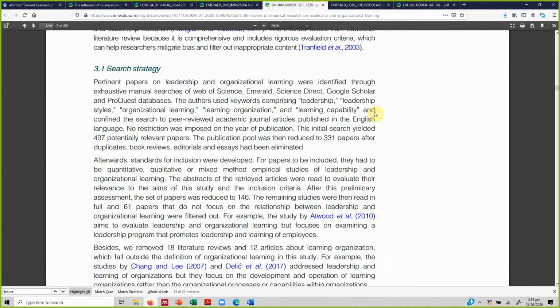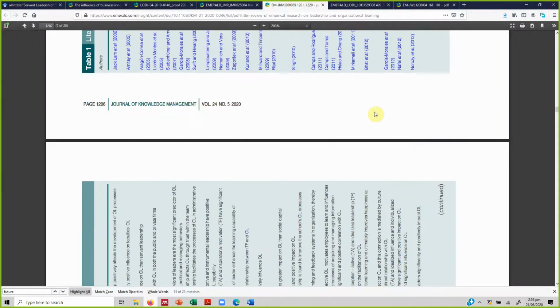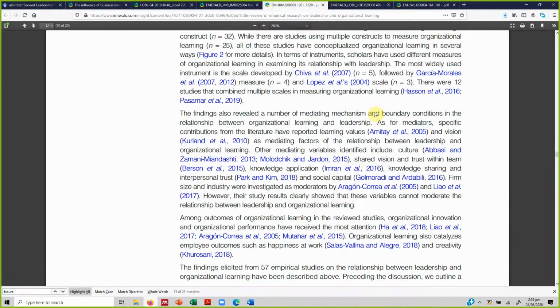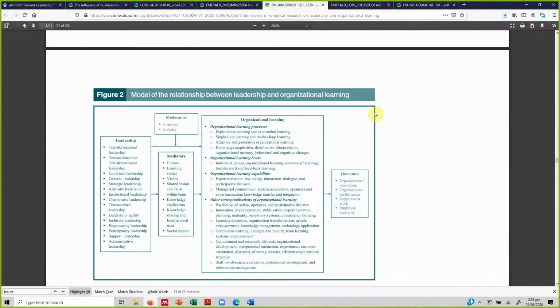And whatever has been done in existing research is actually presented in a form of table along with a diagram, a model. So we can easily identify variables from this model and see if they have been evaluated or assessed with respect to servant leadership. If not, obviously we can take those variables and make them part of our model.